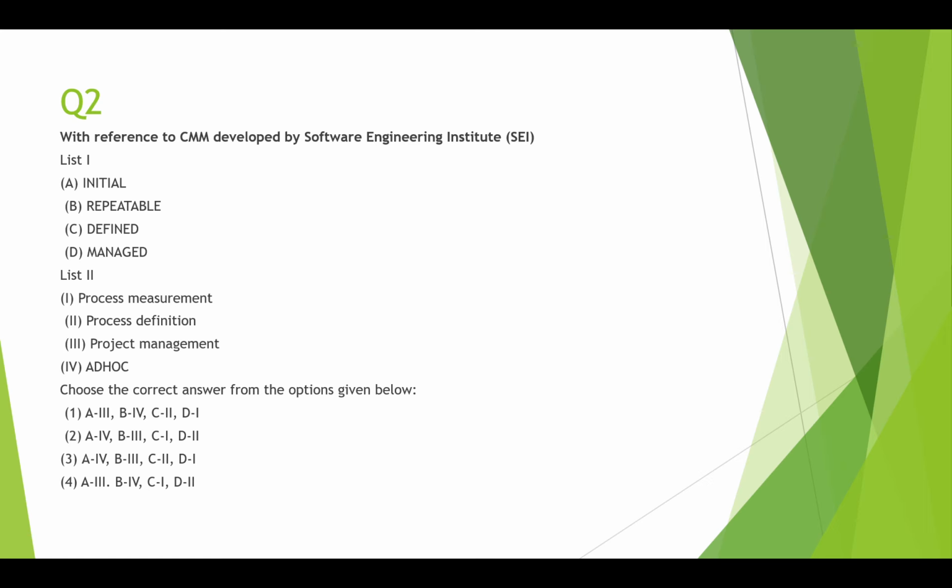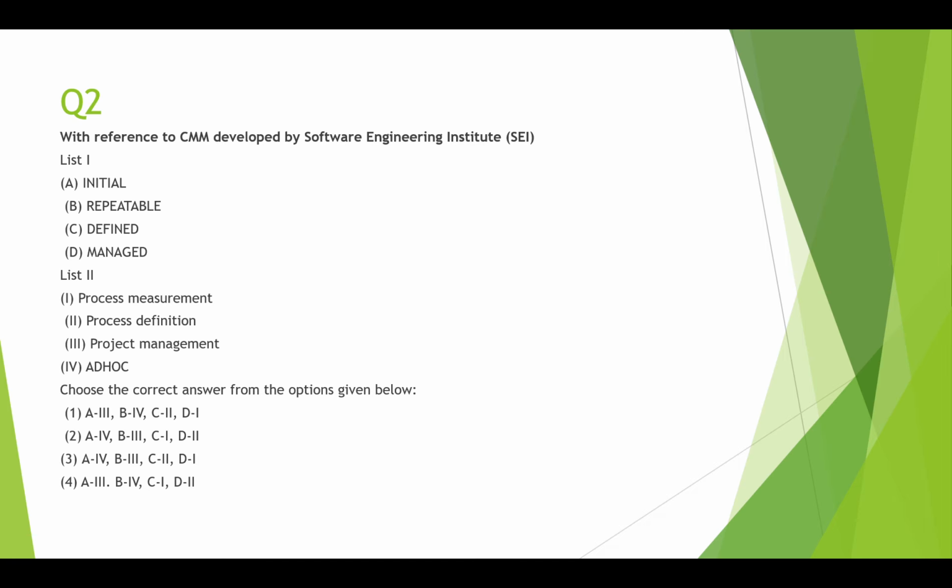The next question is about matching. As I said previously, you have to remember the characteristics of each maturity level. If you remember one or two, you can easily answer. Suppose Initial means Ad hoc, which is a simple one. So you can eliminate options 1 and 4, because A matches with 4. So we are left with the second or third option.